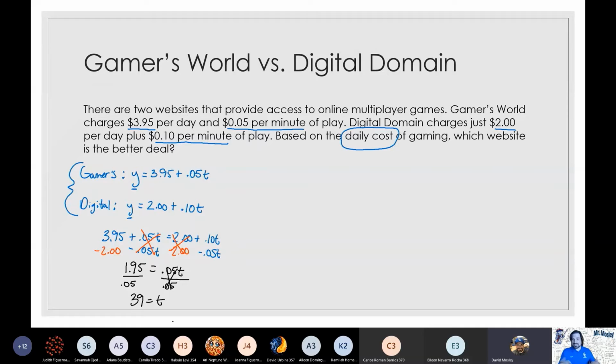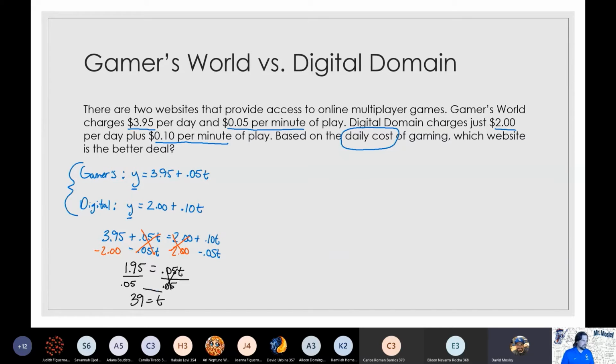But again, like I said, the solution to the system is not just finding the value of t or the value of x. I also need to know what that represents for the daily cost. What is the value of y? Now, the nice thing is since I know that at a value of t, both equations are the same value, they equal the same number y, I don't need to plug this value into both equations. I just need to put it in one and find the solution. And that will give me the value of y.